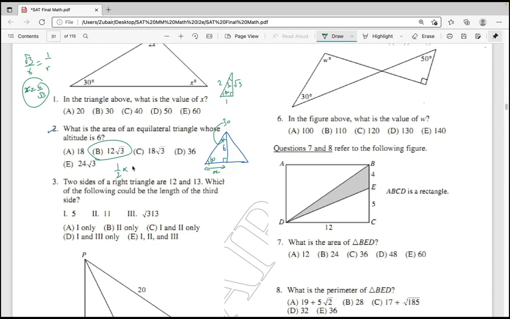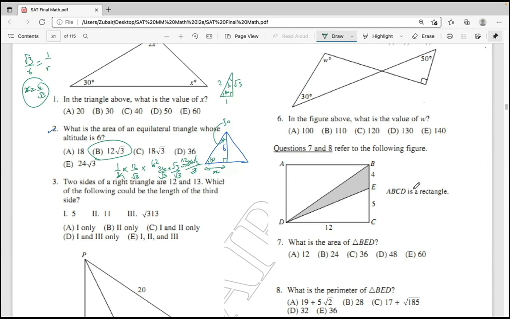So 1 by 2 into full base, which is 12 by square root 3, into height 6, is 36 by square root 3 into square root 3 by square root 3. So we get 36 square root 3 over 3, ultimately resulting in 12 square root 3, option B.